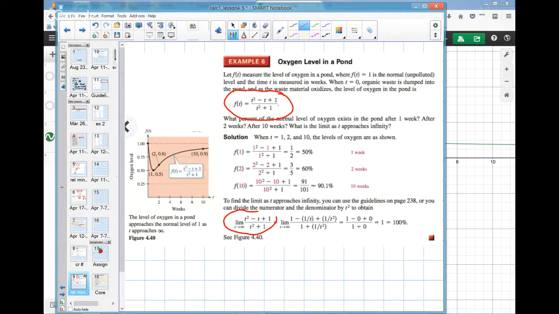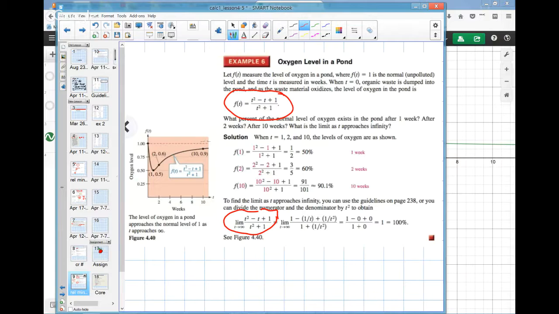Let's go way to the bottom and take a look at this. Based on the rule I just taught you, what's the limit of this function, t squared minus t plus 1 over t squared plus 1, as t approaches infinity? Do you notice that on top, the highest power is 2? On the bottom, the highest power is 2. They're equal.